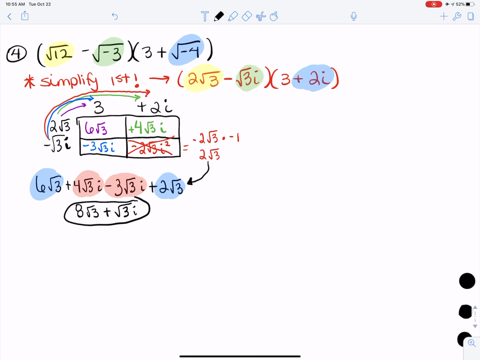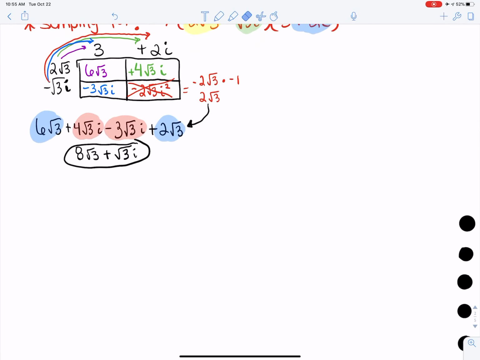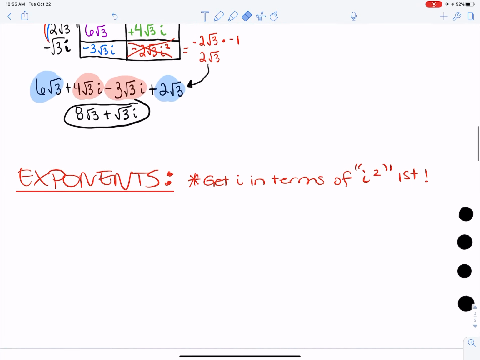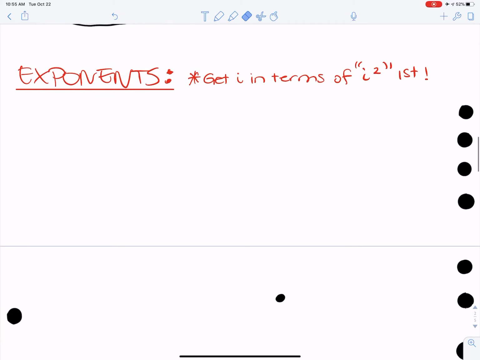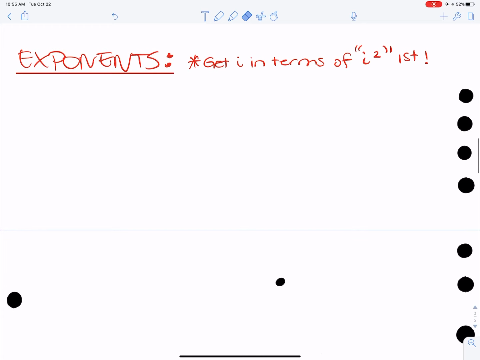All right. There's one final operation with complex numbers that we need to know, and that is exponents. So the first thing you want to do with exponents is get i in terms of i squared first. So whatever the power is, you need to figure out how to make that power something where you multiply by 2 so that you can have an i squared, so that it'll turn into a negative 1, essentially.